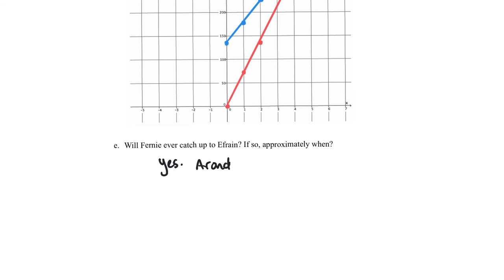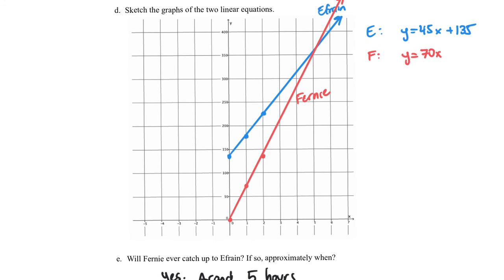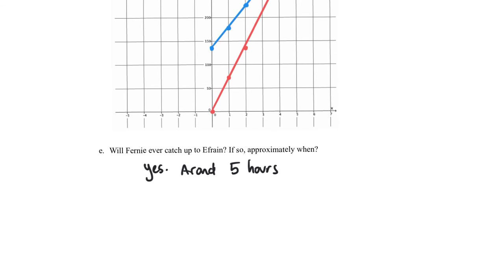Around 5 hours. And how far is that? Well, it turns out that that's about 350 miles. Or if you want to be more exact, you can use this one up here, but this is all estimations anyway.